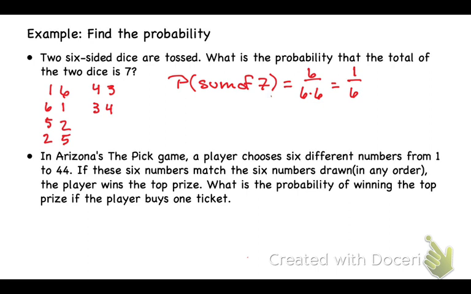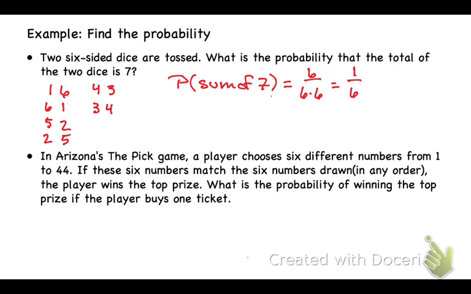So I'm going to draw 1 ticket, and I have to get 6 numbers. What's the probability of me winning this? How many tickets win? 1. Yes? There is 1 ticket that wins this, yes?